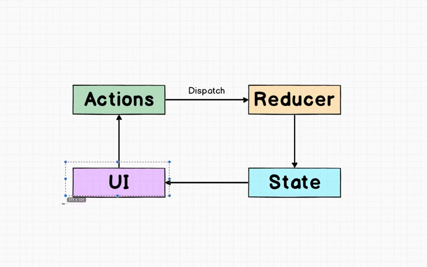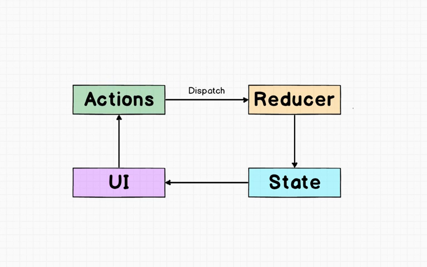Now we know about reducers, let's take another look at the lifecycle. We still have our UI, and that has handlers which emit actions. Those actions get dispatched to our reducers. Our reducers then take our current state and the action.